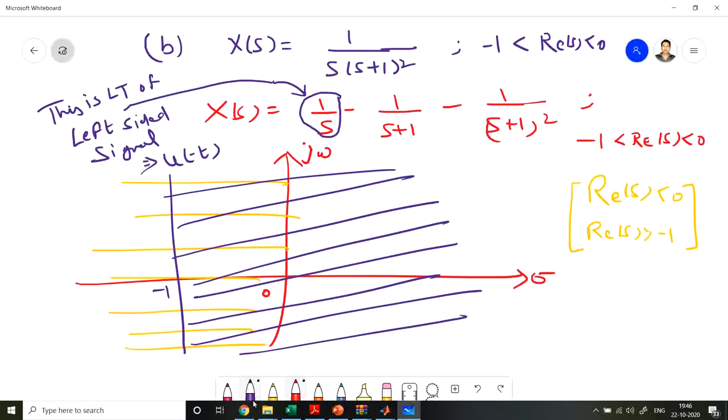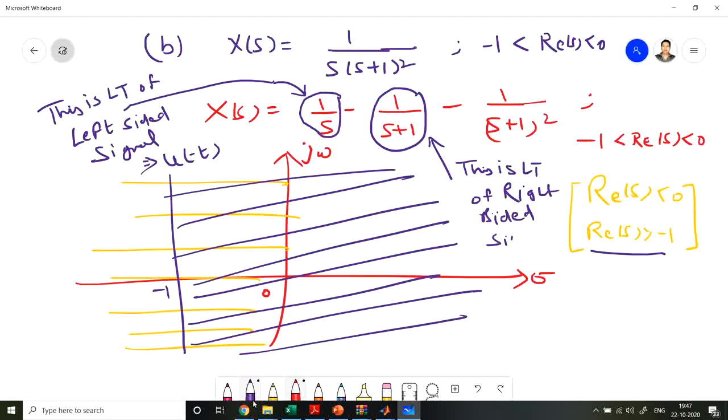Now here we can see that at the pole s equals minus 1, the real part of s is greater than minus 1. The ROC is given. The pole we are getting here is s equals minus 1, so the ROC indicates that this is the Laplace transform of a right-sided signal.